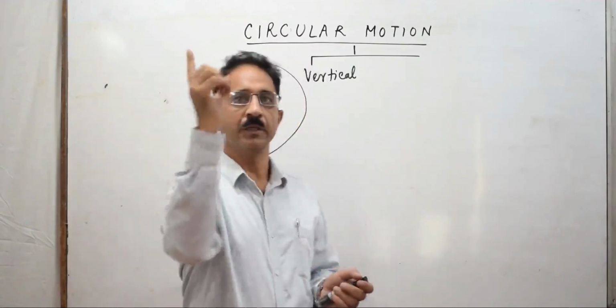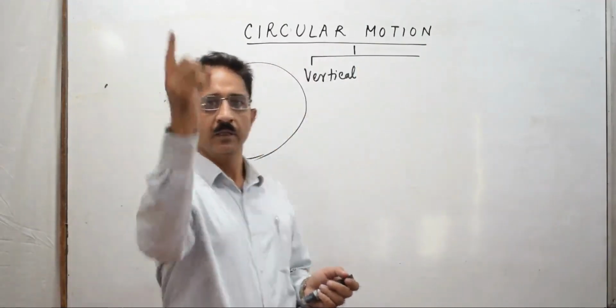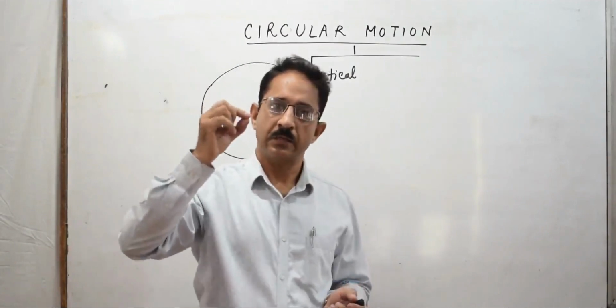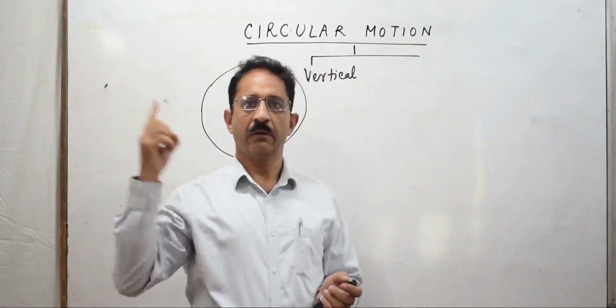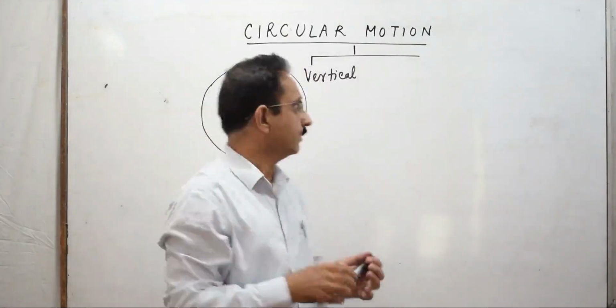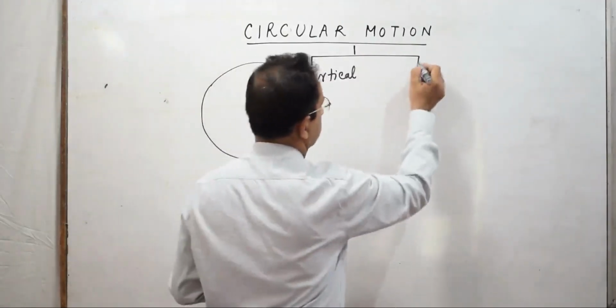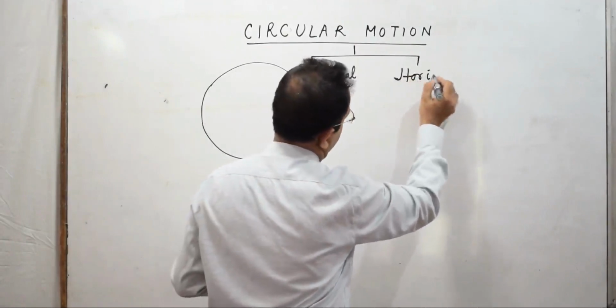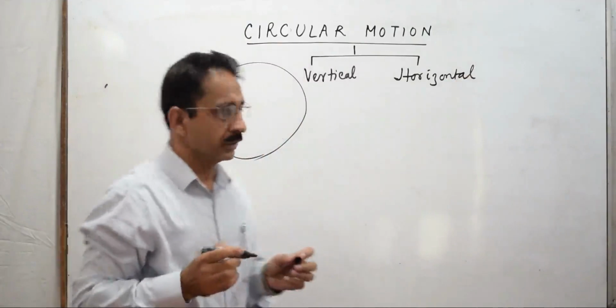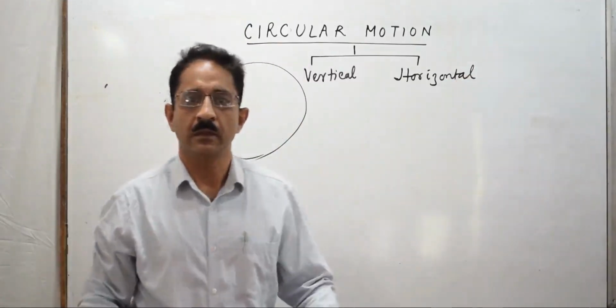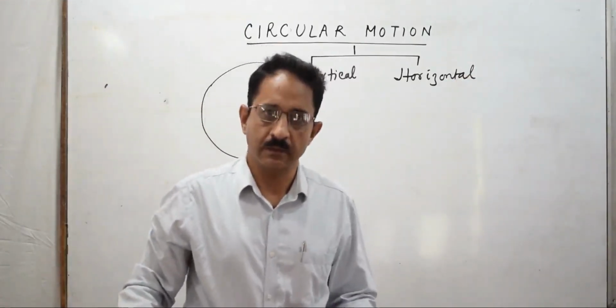But if I take an object and move it in this manner so that the height which it has with respect to the ground always remains the same and it is moving along a circle, we call it a horizontal circle. So this is a horizontal circle. Our concern in this lecture will not be a vertical circle, it will be a horizontal circle.